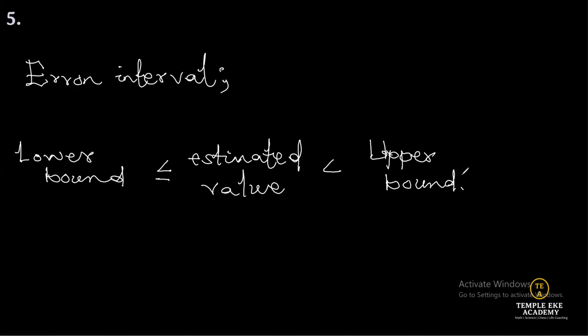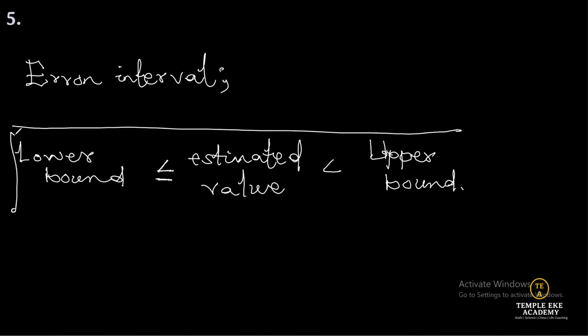Beautiful. Now this is what we call the error interval. As you can see, the lower bound is included in the inequality. The estimated value is greater than or equal to the lower bound, but certainly less than the upper bound. So this is the error interval.